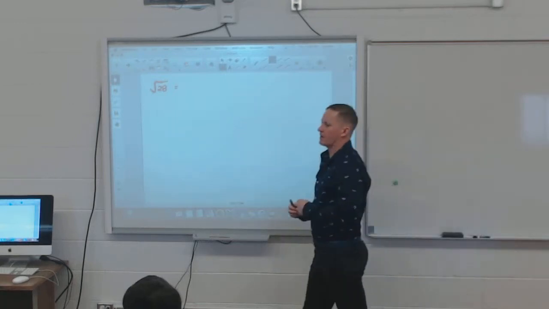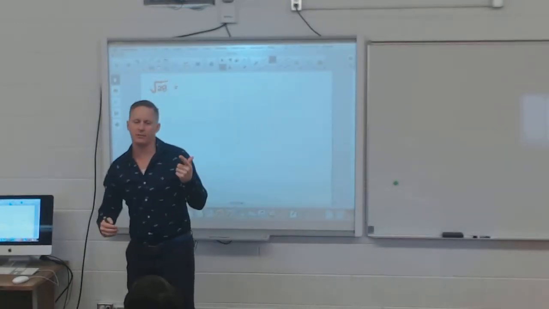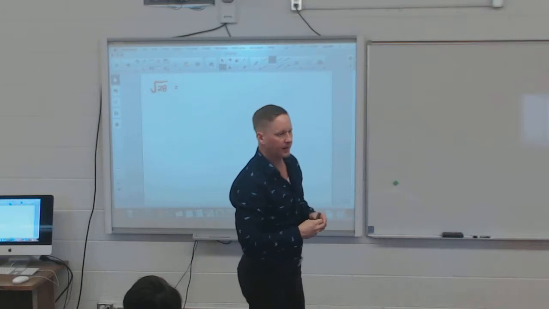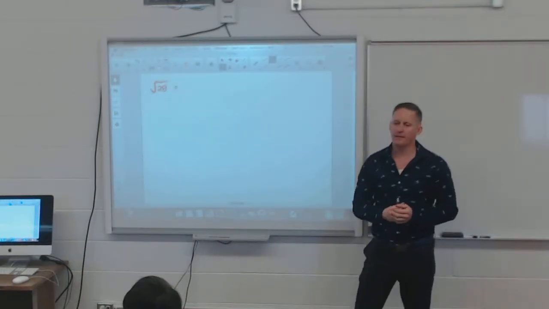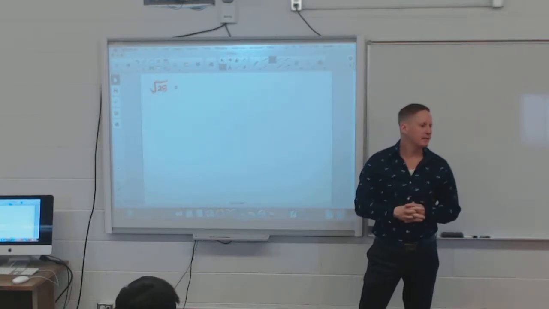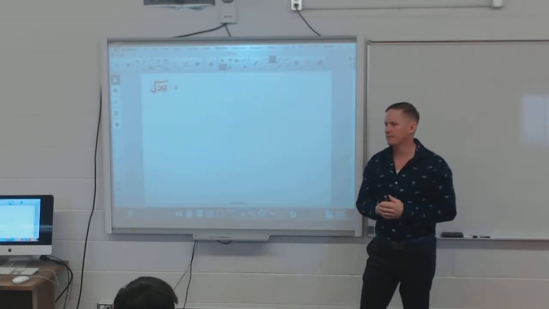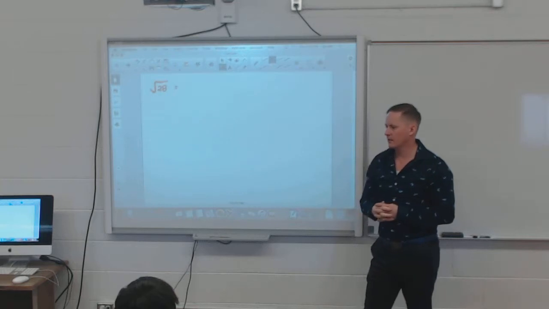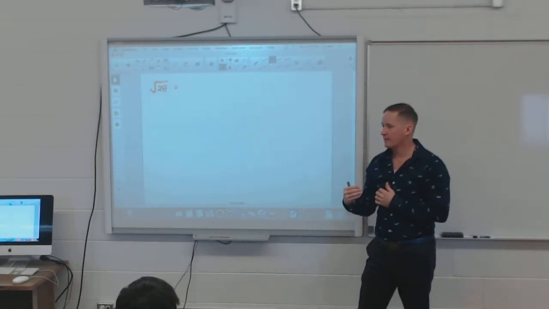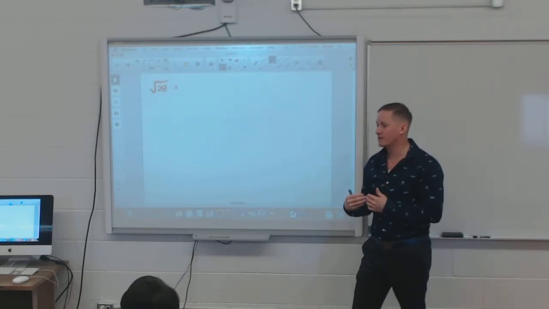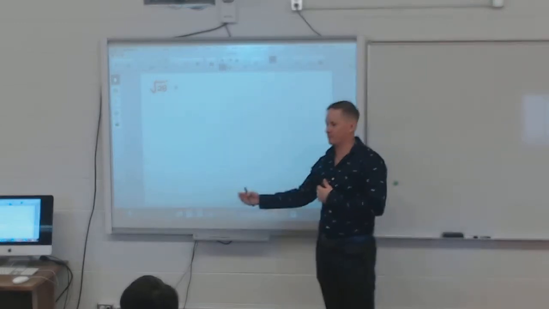To write it as a mixed radical, I need a whole number and a radicand, which is just the square root. All right, so to do that, I want to find a value that goes into 28 that is a perfect square. It's not a number that's smaller than 28. When I say goes into, it's a factor of.